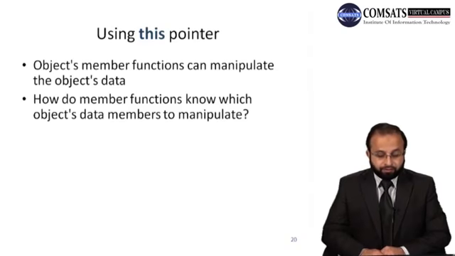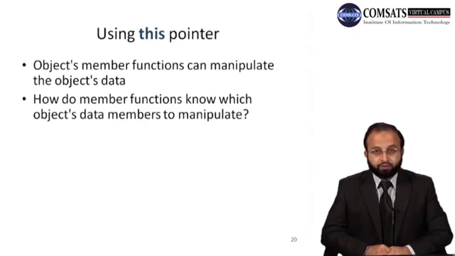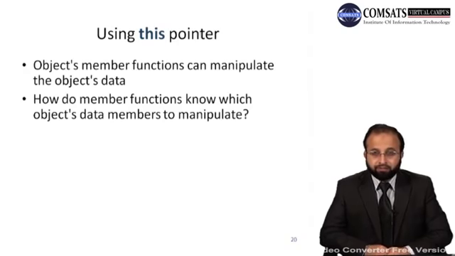That is possible using the this pointer. Whenever you call the member function of an object, the C++ compiler implicitly passes the this pointer, that is, the pointer to that object, to that function.